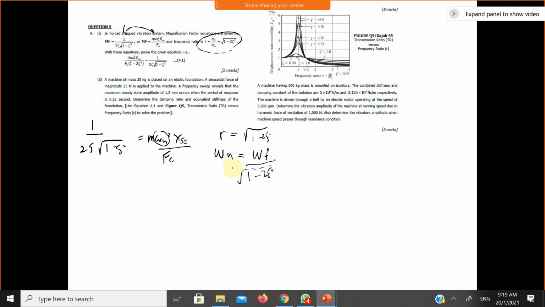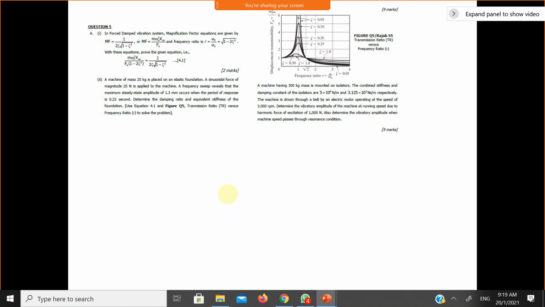Dan yang ni dia masukkan terus dalam, dia ganti masuk yang ni, dan kita akan dapatlah M omega F square XSS over F naught 1 minus 2 zeta square. Okay, proven lah. Just masuk-masuk macam tu je.